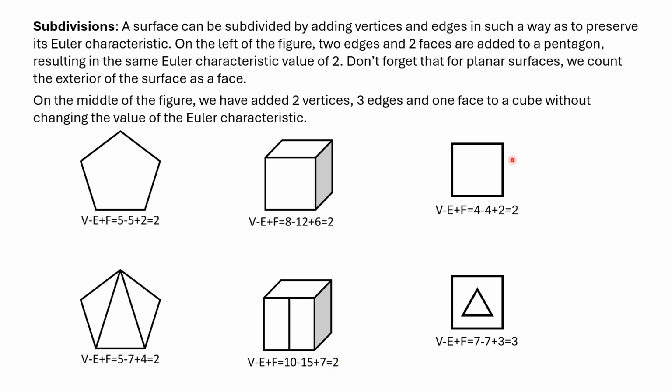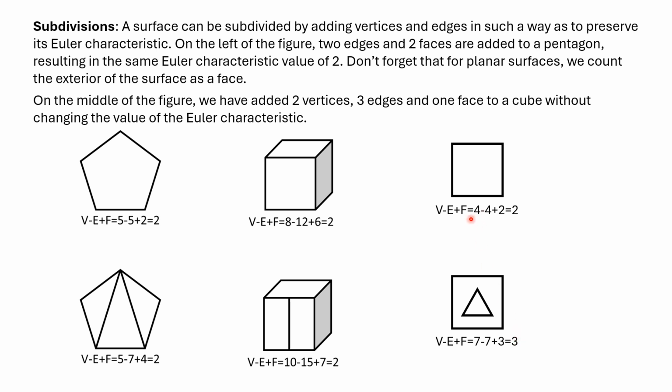And on the right, we had a subdivision that didn't work. It's because we didn't actually divide any face or any edge. We did add vertices, but you see here the square has Euler characteristic 2, but when we stick this triangle here in the middle, we get 3 more vertices, 3 more edges, and we add 1 more face, and so now the Euler characteristic is 3.